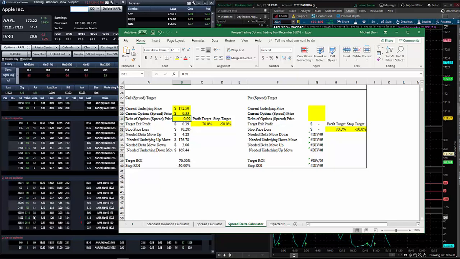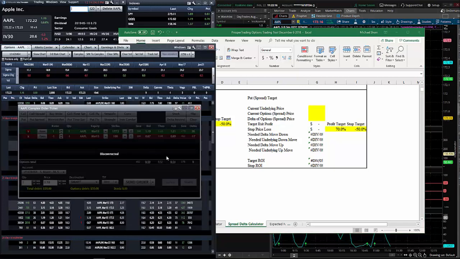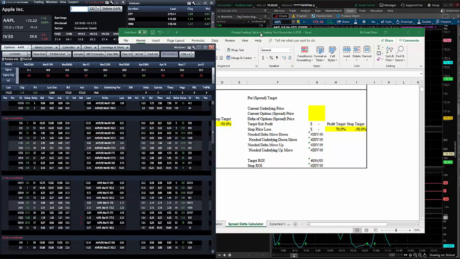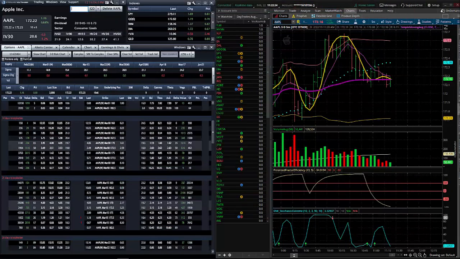It's a 26 delta on the 177.5 calls. It's a 17 delta on the 180 calls. 26 minus 17 is 9. Or you can get it from, it'll show you here, it's a 9 delta. If you're using Thinkorswim, it'll tell you what the delta is. Or you can just go out there and look at the deltas manually and subtract them.